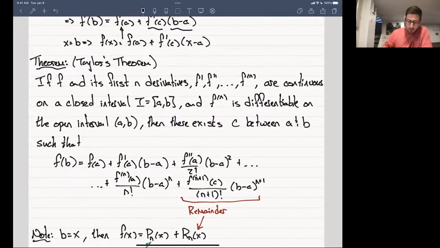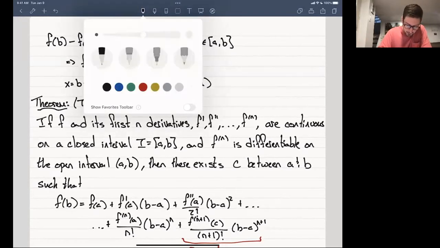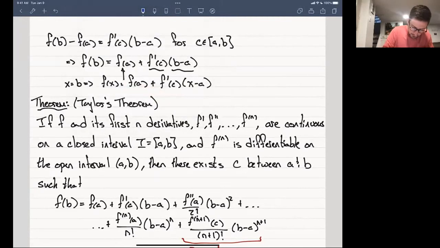So if you bring it all back to where we started with the mean value theorem, the mean value theorem tells you essentially the error when you try to approximate a function by a constant, right? So if I try and approximate f of x by f of a, that's what's happening right here. You can think of the f of a term as the polynomial of 0 order, so p0 of x.